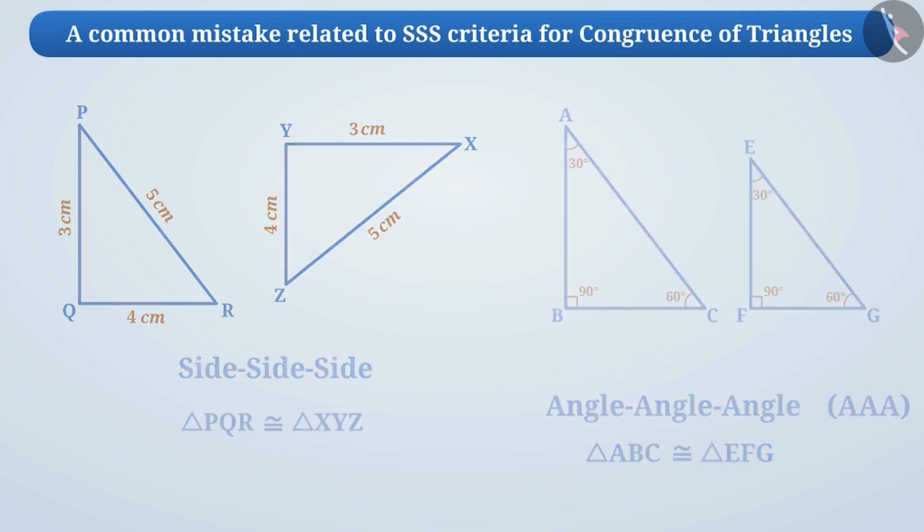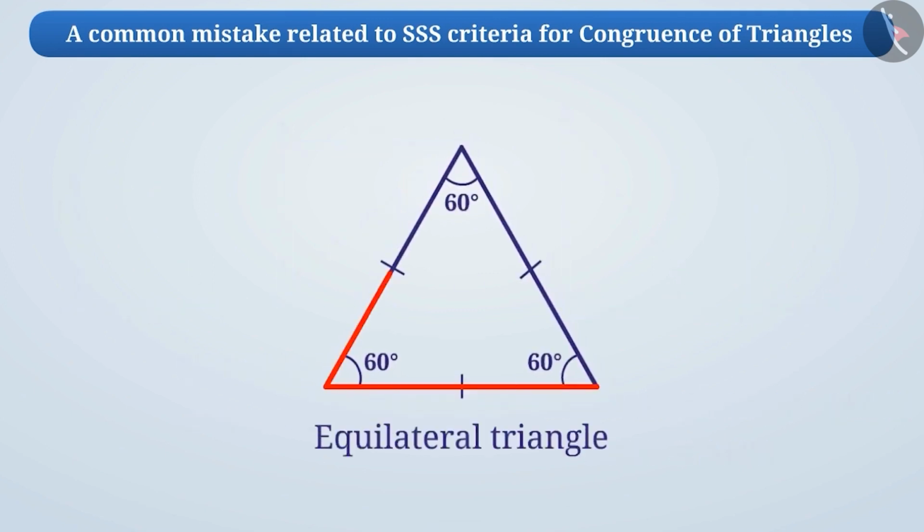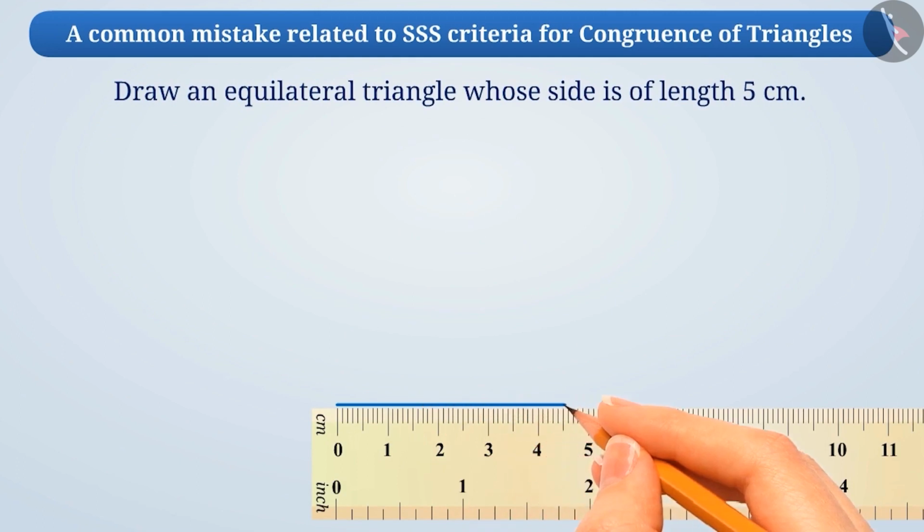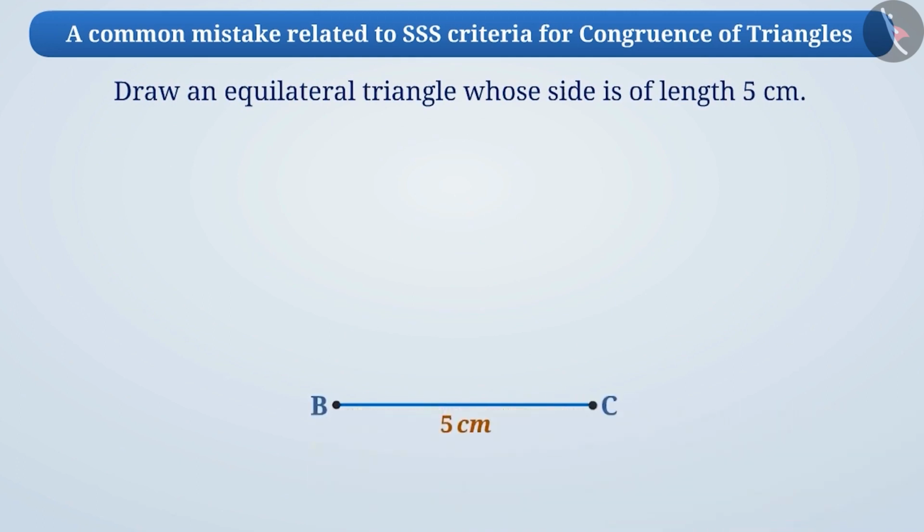You know that all sides of an equilateral triangle are equal and each angle measures 60 degrees. Let's attempt to draw an equilateral triangle. We will draw a line segment BC of length 5 cm.